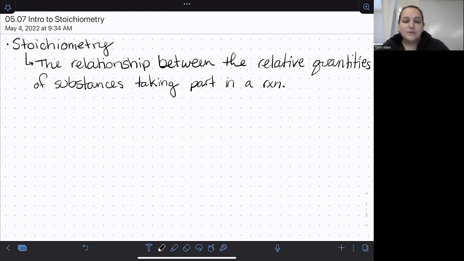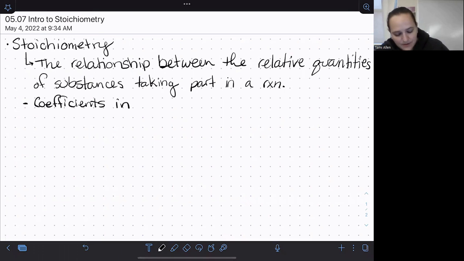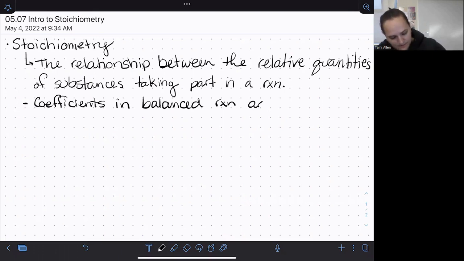So the way we do this is using the coefficients in a balanced reaction. And this is why having a balanced chemical reaction is super, super important, because the coefficients in a balanced reaction are just ratios of how much stuff, in terms of moles, is either being consumed or produced in our reaction.